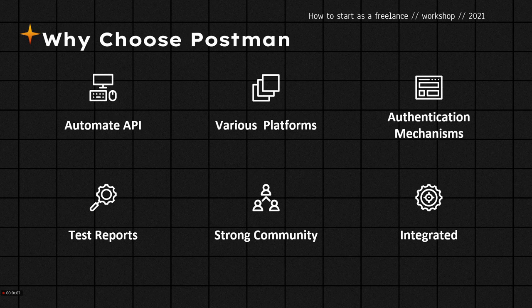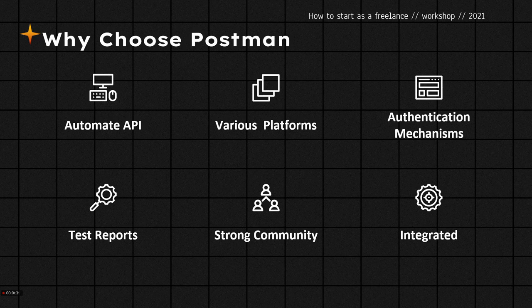It also supports ARM devices, Ubuntu, and other operating systems like Fedora or Debian. The third reason is that Postman supports many authentication mechanisms like basic auth, OAuth 1, OAuth 2, JSON Web Token, and many more.